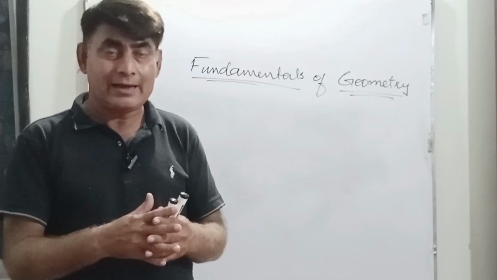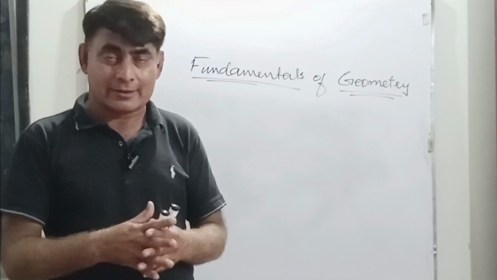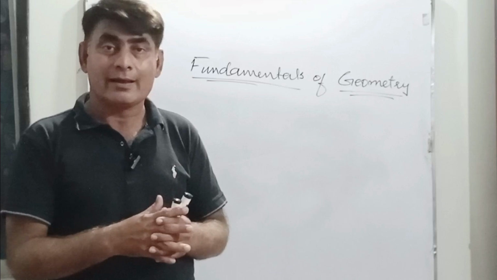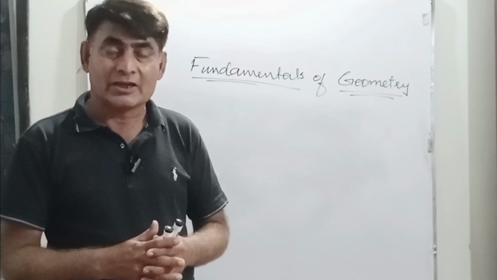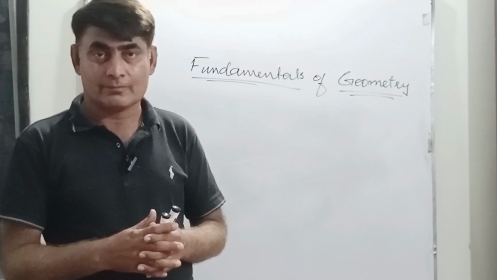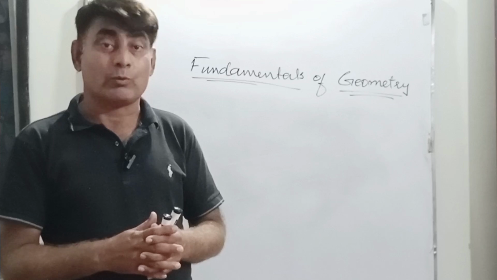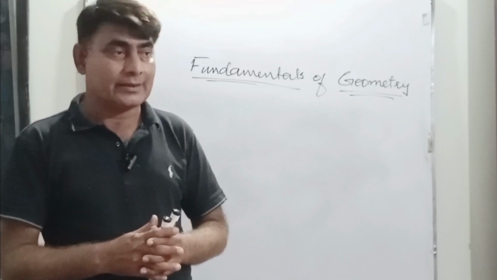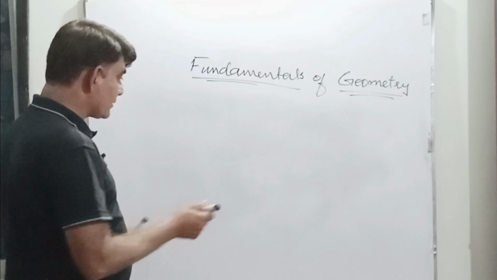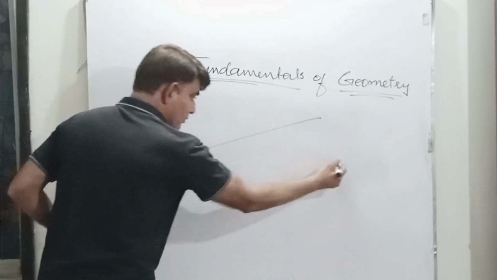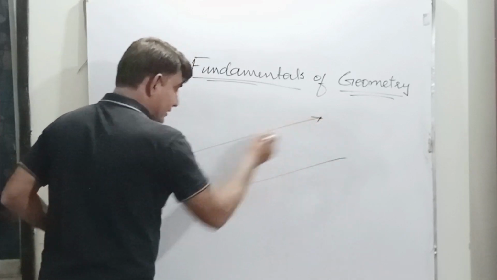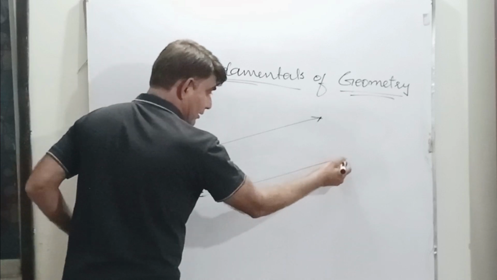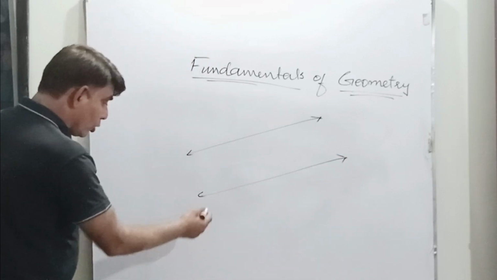Two lines are parallel, they never intersect each other. Two lines are parallel, they have the same inclination, and one can say the same gradient or slope as well. Two lines are parallel like this. These two lines are parallel. These are parallel lines.